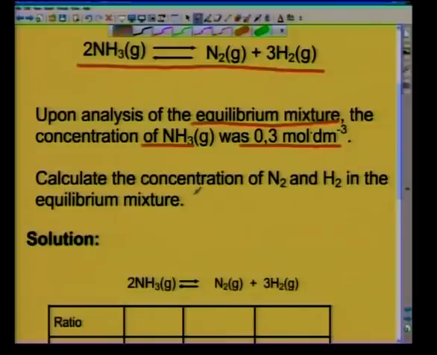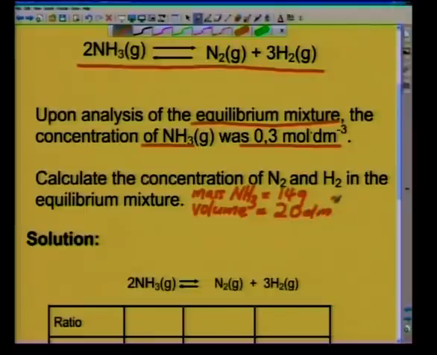We've got the mass of ammonia, that is 14 grams. We have got the volume of the reaction vessel, that is 2.0 cubic decimeters.